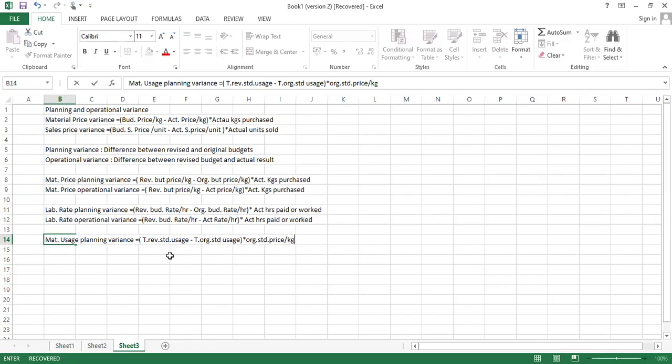Now you will not be provided with either the total revised standard usage or the total original standard usage.